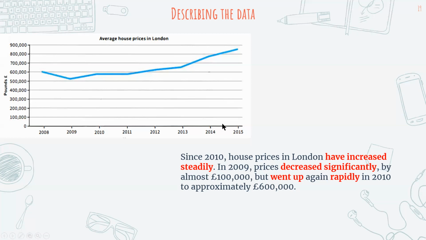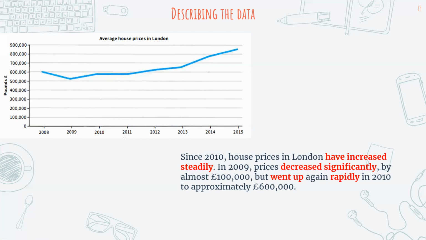So in 2009, prices decreased significantly by almost £100,000, because in 2008 it was £600,000, then in 2009 it's almost 500,000.